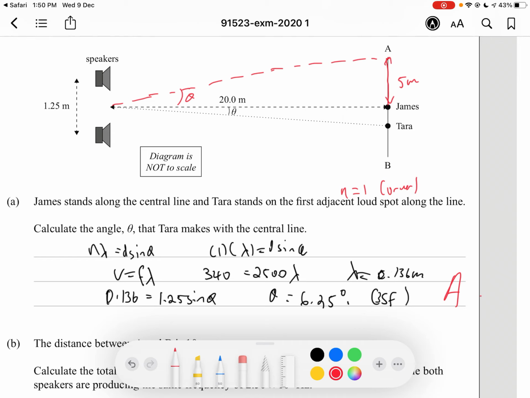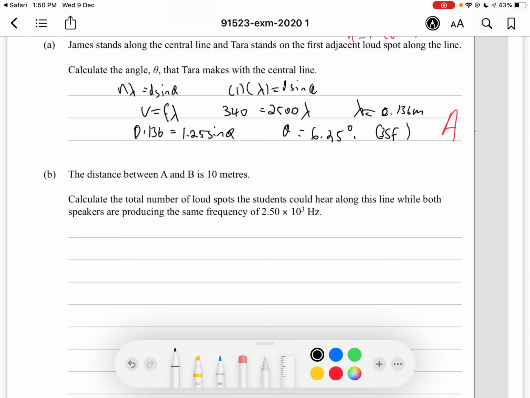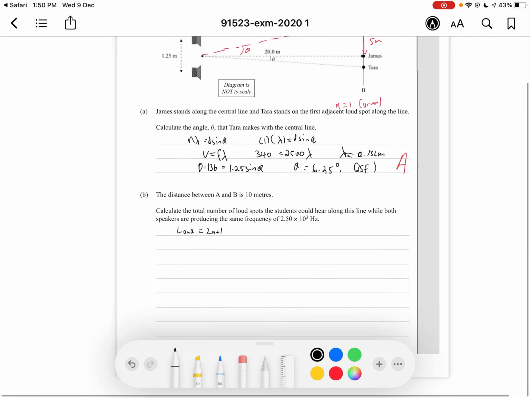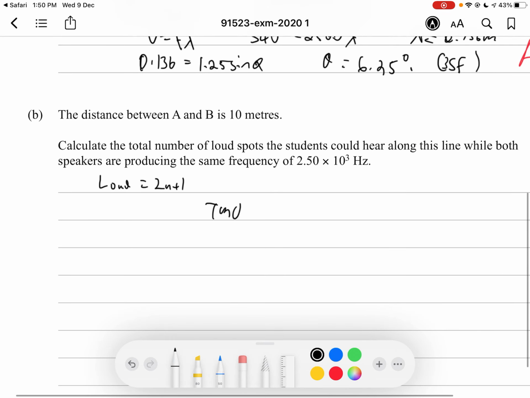And we're going to add the central maxima itself, which is also a loud spot. So that means we should have 2n plus 1 as our final. So loud spots equals 2n plus 1, so there should be an odd number of loud spots. We can find the angle by using our Pythagoras tan rules. So tan theta equals 5 over 20.